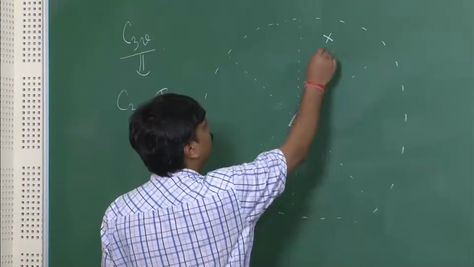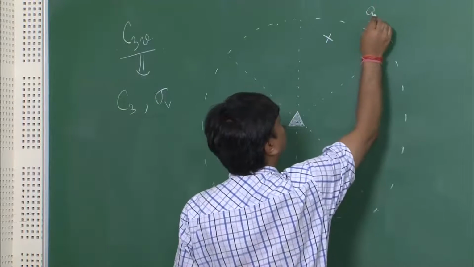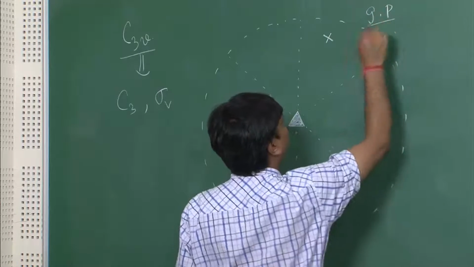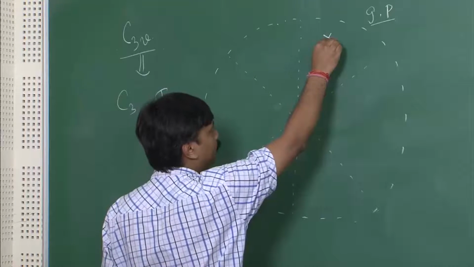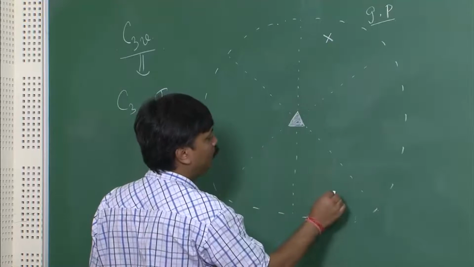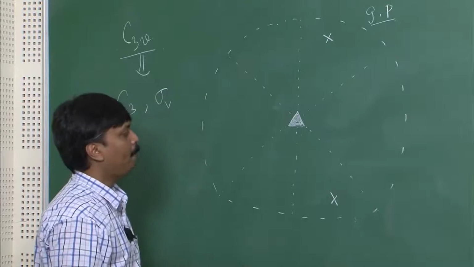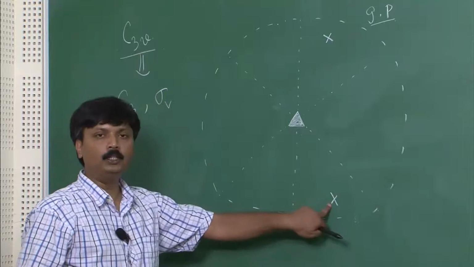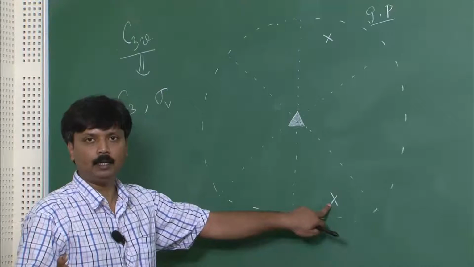So, I have taken this generalized point, any general point on this workspace, and then I will operate C3. C3 will take this one from here to somewhere here. Now, my job is to complete the operations that can be generated from a C3 element.